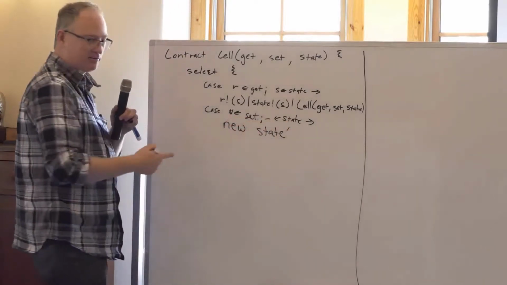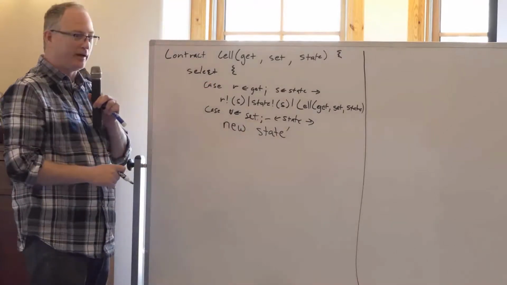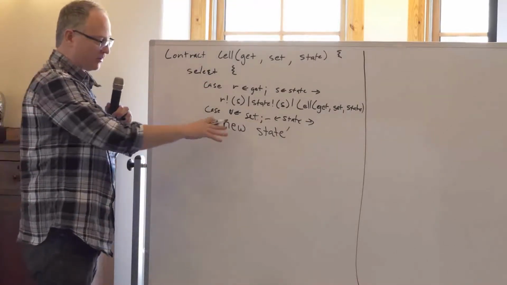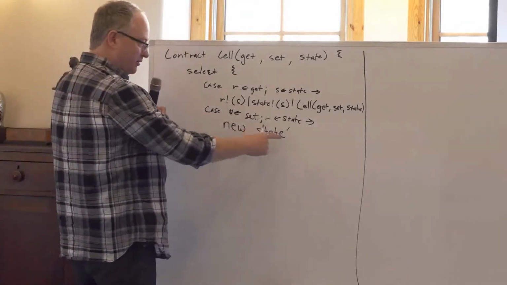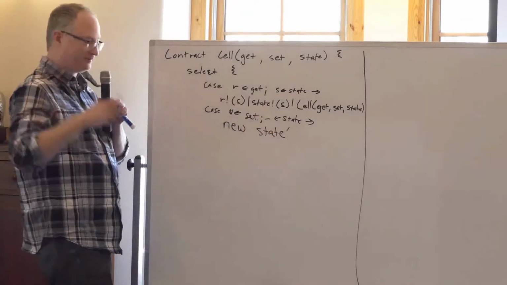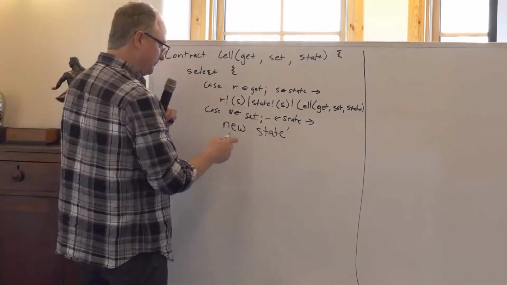So that construct wasn't on the list of four Rholang things this morning, but it's a short syntactic sugar for state is a new process, a new channel.